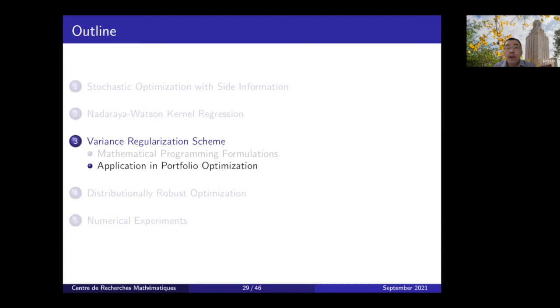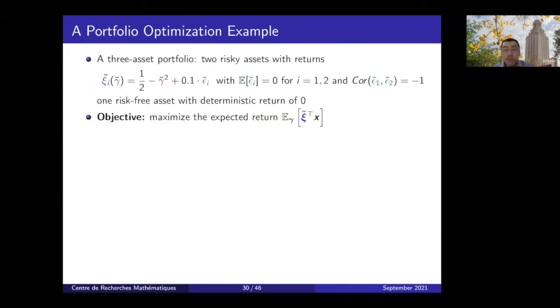To showcase the benefit of the scheme, we consider a simple example in portfolio optimization, and we compare against the popular decision rule approach. In this example, we consider a portfolio of 3 assets. 2 are risky assets, meaning that their returns are random, while the third asset is risk-free.